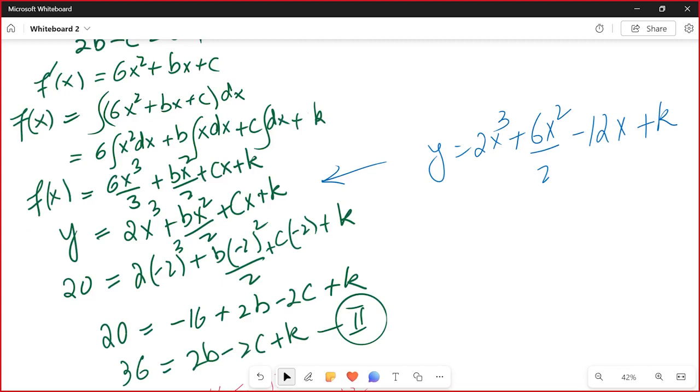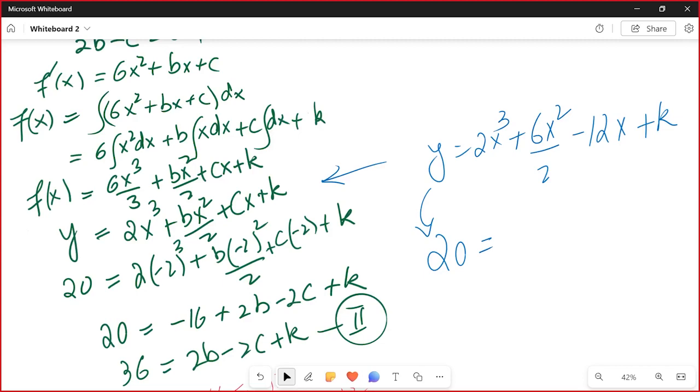Why? Because we were told it has a maximum at minus 2, 20. So it means that maximum y is 20. You get that? At maximum, x was given, x was minus 2, I suppose.